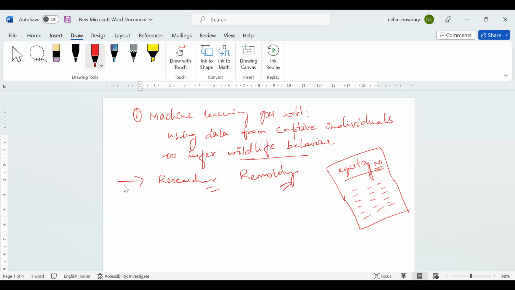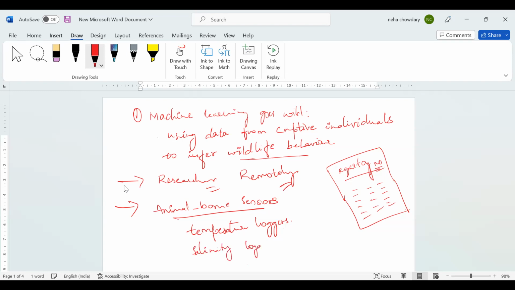They used some technology such as animal-borne sensors. These are used for temperature logging, salinity logging, or microphones.